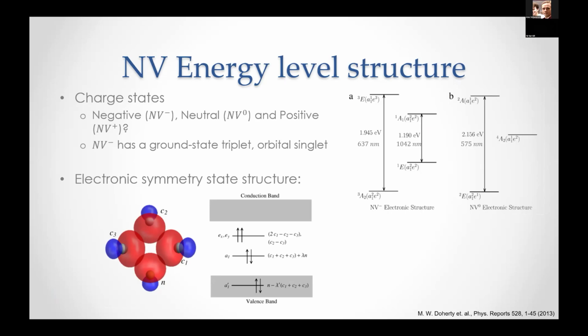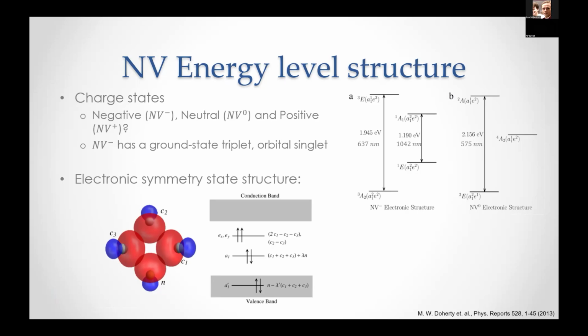I'll try not to go into too many details about this, but if you really look at the molecular orbitals and try to build up the structure of this C3V symmetry of the NV, you can realize that the NV minus has a spin triplet, but orbital singlet ground state, while the NV0 has this doublet ground state.